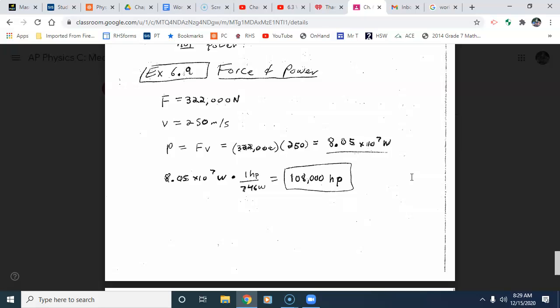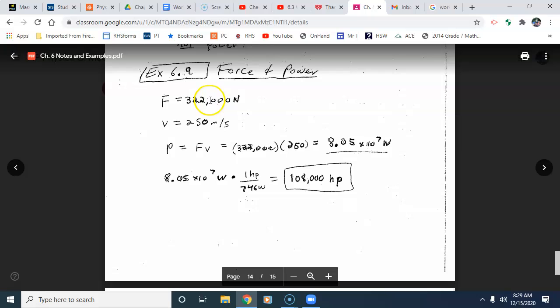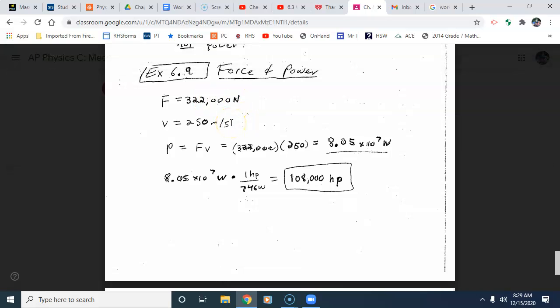When the airplane is flying at 250 meters per second, or roughly 560 miles per hour, what horsepower does each engine develop? All right, so we will have to use that conversion that I gave you, that 1 horsepower is 746 watts. But the given force is in newtons and the velocity is in meters per second, so this will come out in watts.